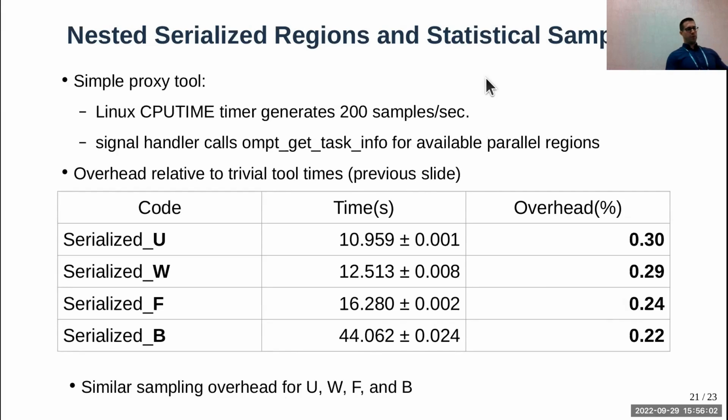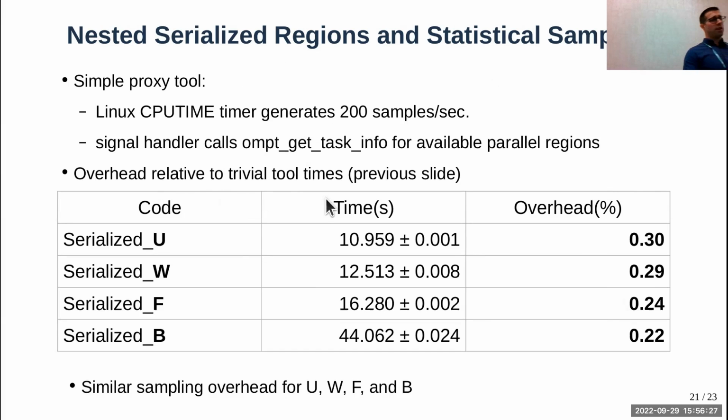The last experiment of the first group basically tries to see whether the complexity of the introspection routine has any negative effects on statistical sampling. So we extended the simple tool with a signal handler that basically calls get task info for all available parallel regions. That's one of the steps HPCToolkit does, so we do the same thing. The signal handler is called every 5 milliseconds.